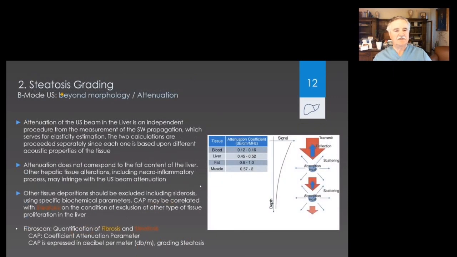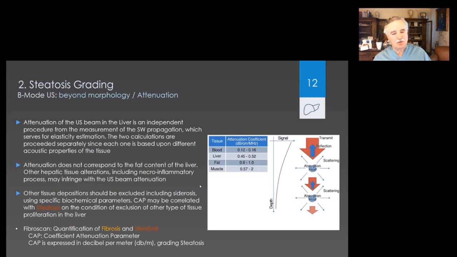Speaking about steatosis grading, much work has already been done, and some vendors have already presented tools in order to grade attenuation and steatosis. Attenuation of the ultrasound beam in the liver is not an independent procedure.